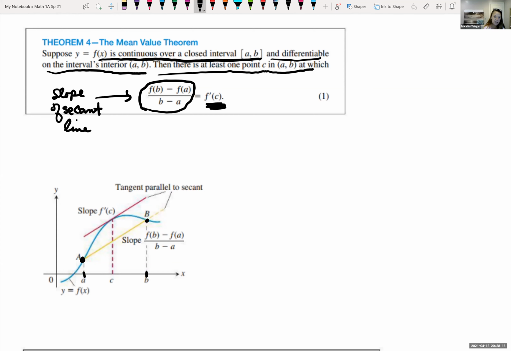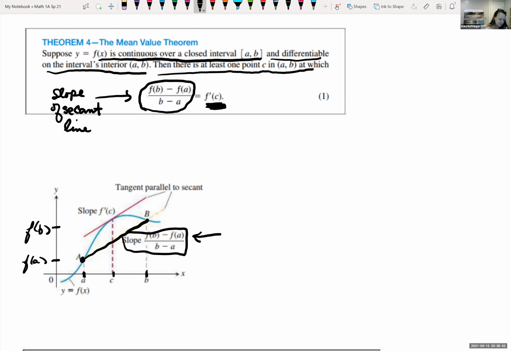So if we look at the value here, when x equals a, our y value here is f of a, and when x equals b, our y value here is f of b. I'm looking at the slope, so the change in y all over my change in x. This slope right here, there's some value in between a and b that has the same slope.